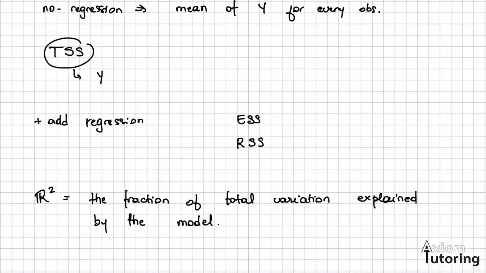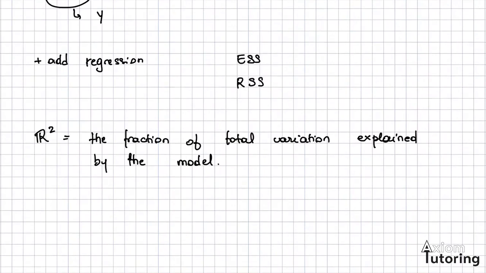And now that you know the definition of it, and you also know all of the elements, the explained sum of squares and the residual sum of squares, you can very easily derive the R squared formula from here, because that just means your R squared is the explained sum of squares over the total sum of squares. Okay?